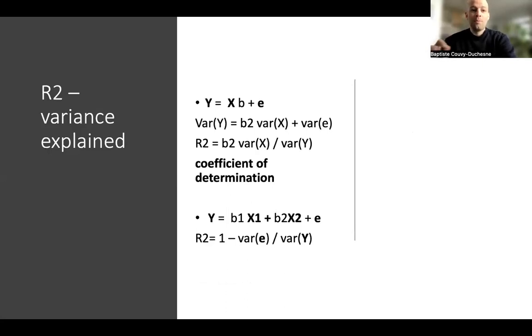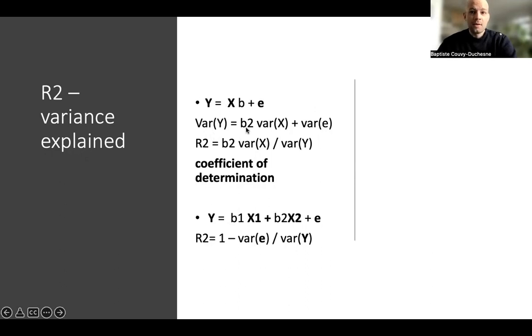Okay, let's talk a bit more about R-squared and the variance explained. So coming back to the simplest model of all, X is a single variable, and we only estimated one parameter B in the model. We can write the variance of this equation.